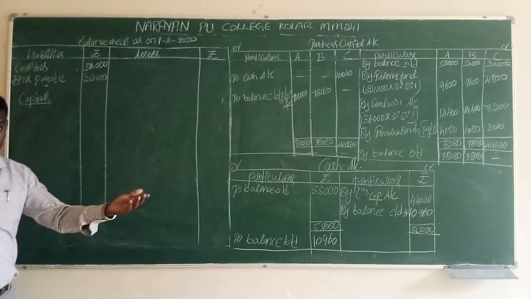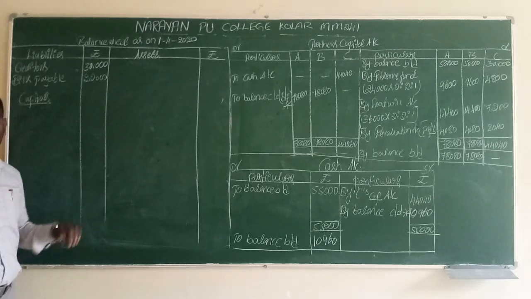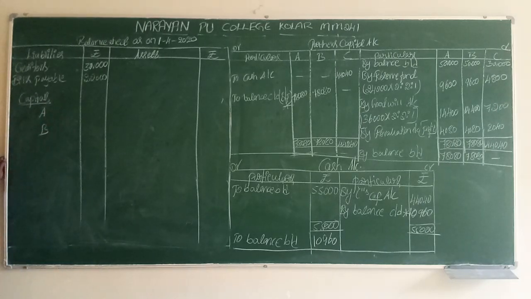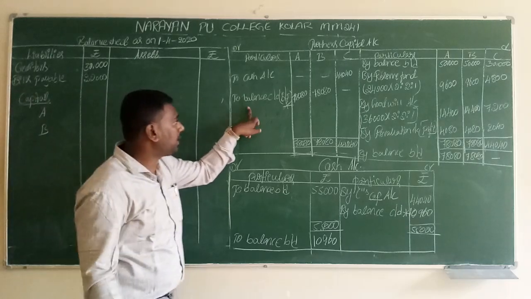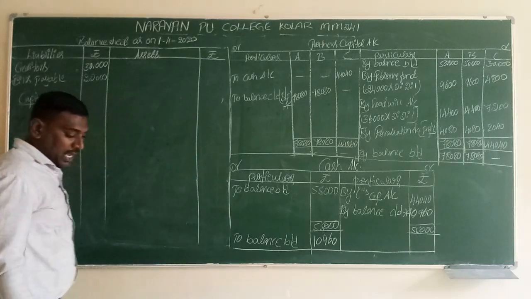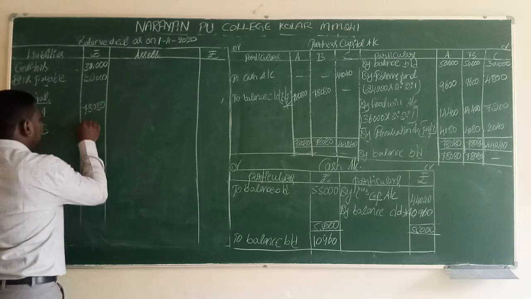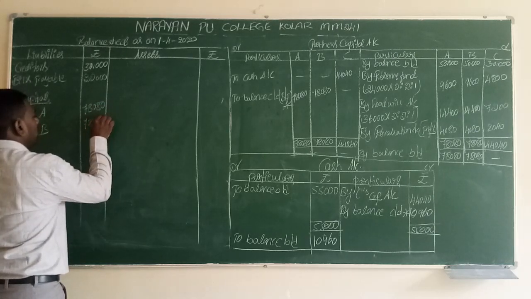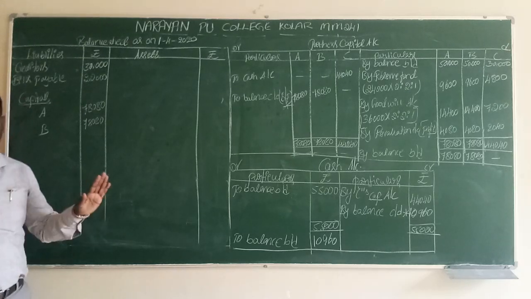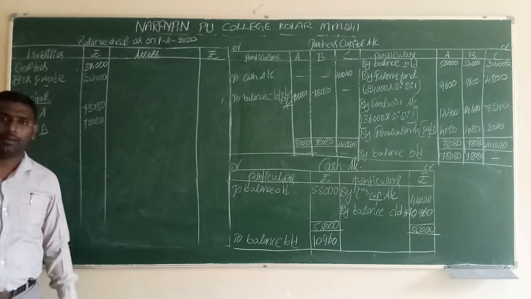But here C is retired and we settle his dues by paying cash, so C will not come to the new balance sheet. Now the available partners are only A and B. The capital balances we already calculated as balance carried down, we transfer as balance brought down: 78,080 for partner A and 78,080 for partner B. These are the details available from the previous balance sheet. Adjustments will come later.